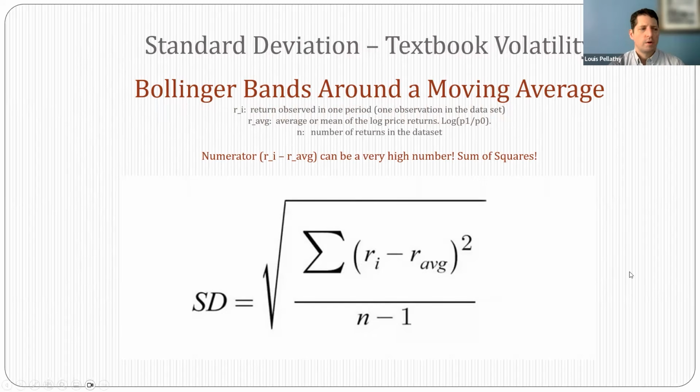Here you see the formula: the standard deviation is built from the sum of squares of the difference between the current log return and the average. R_i is the return observed in one period, and R average is the average of the log returns. This is a very statistical measure out of textbooks, which is the standard deviation, and N is the number of returns in a data set.